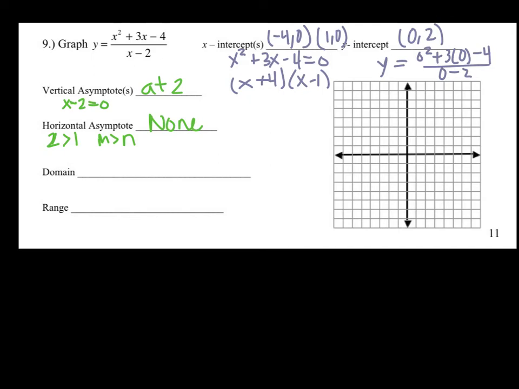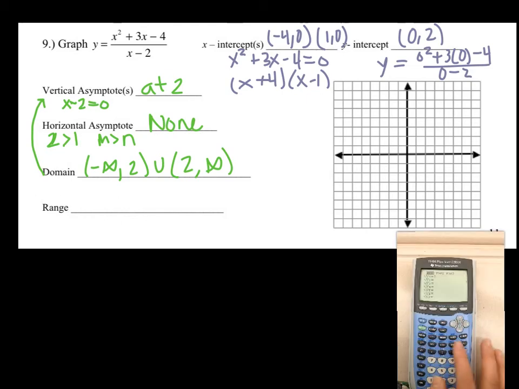Now, before I even graph this, guys, I know that my domain has to skip those vertical asymptotes. So this will be negative infinity to 2, union 2 to positive infinity. Now I'm going to graph it, and we're going to go from there.